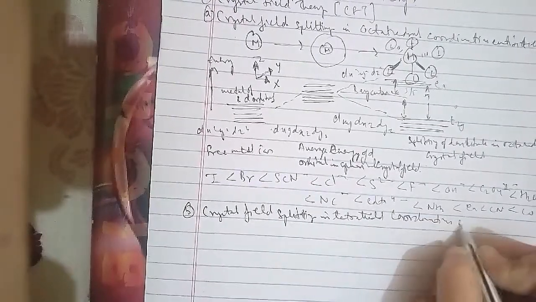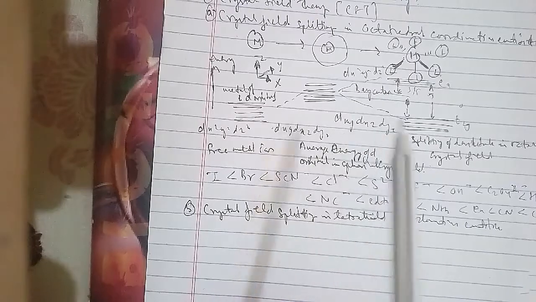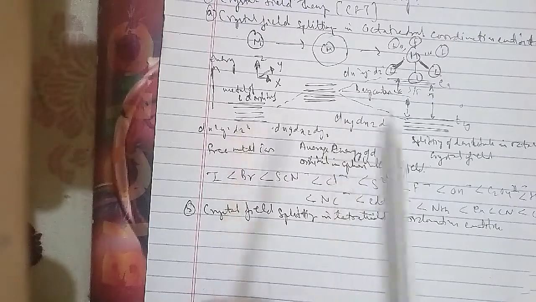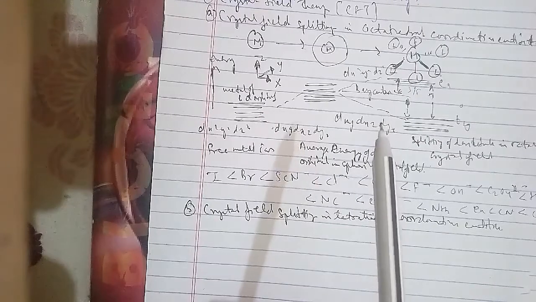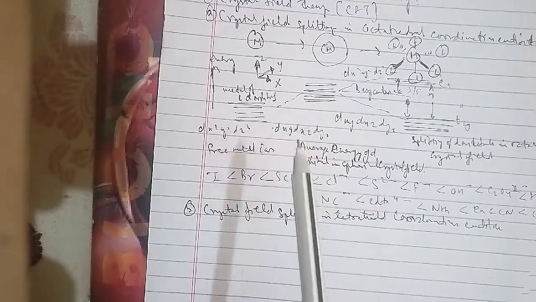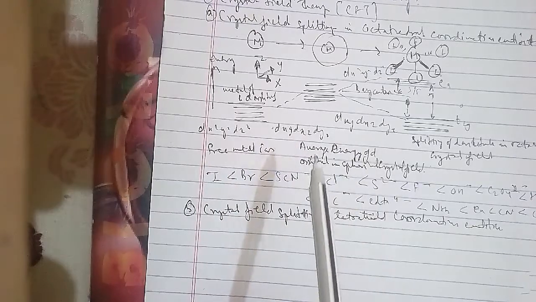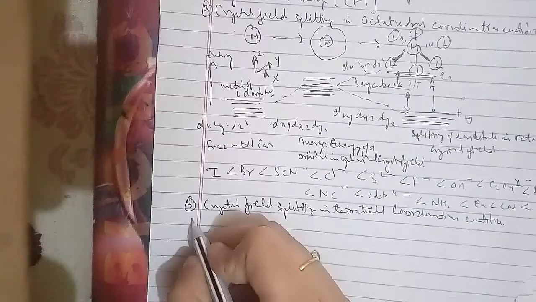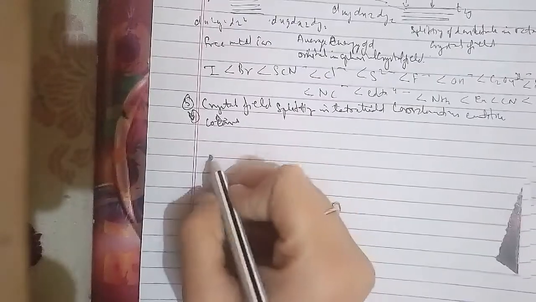But before starting with this, we have a diagram for this. dx2 minus y2, dz2, 3 by 5th of delta t, 2 by 5th of delta t here, dxy, dyz and dzx.